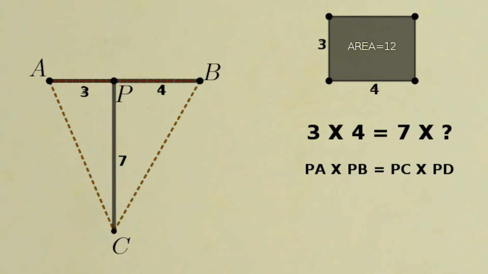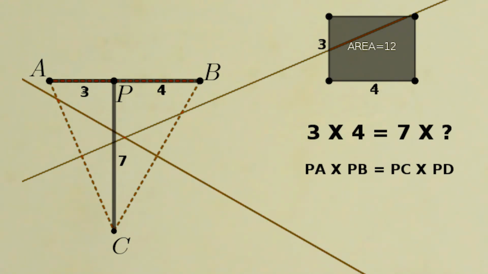Now we need to draw the side bisectors of any 2 sides. Side bisector of AC, side bisector of BC. They intersect at a point. That is the center of our needed circle.